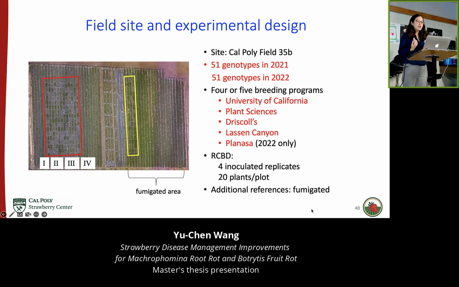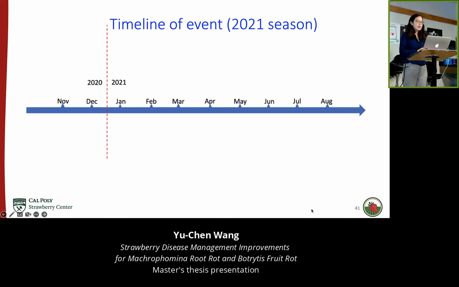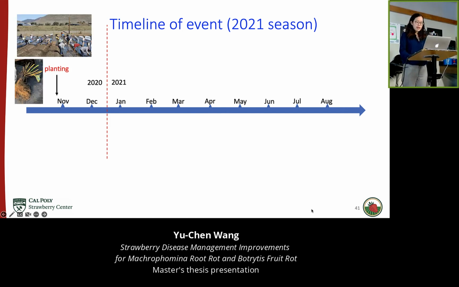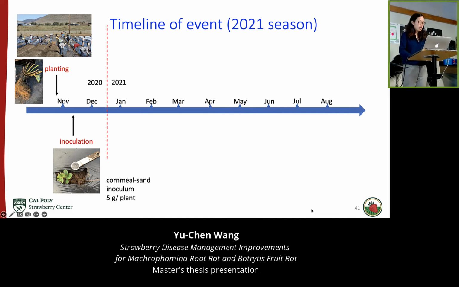The timeline of the event is similar for each season, so I will take the 2021 season as an example. The bare root transplants were planted on November 2nd, 2020. Two weeks later, we introduced artificial Macrophomina inoculum to the roots and crown area for every single plant.